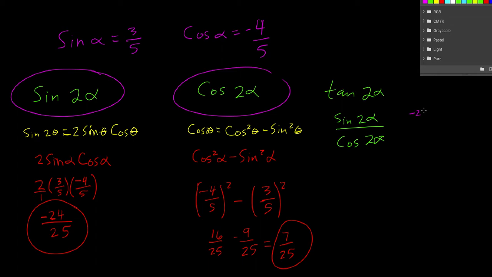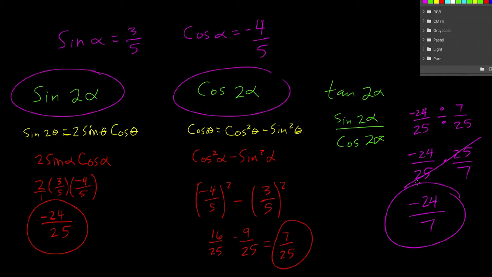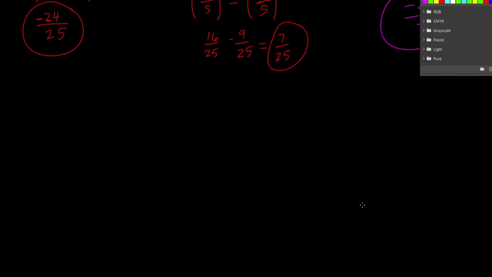So we have negative 24 over 25 divided by 7 over 25. We flip the second one and change it to multiplication. 25's cancel, and so we get negative 24 over 7. Cool. Now let's move on.